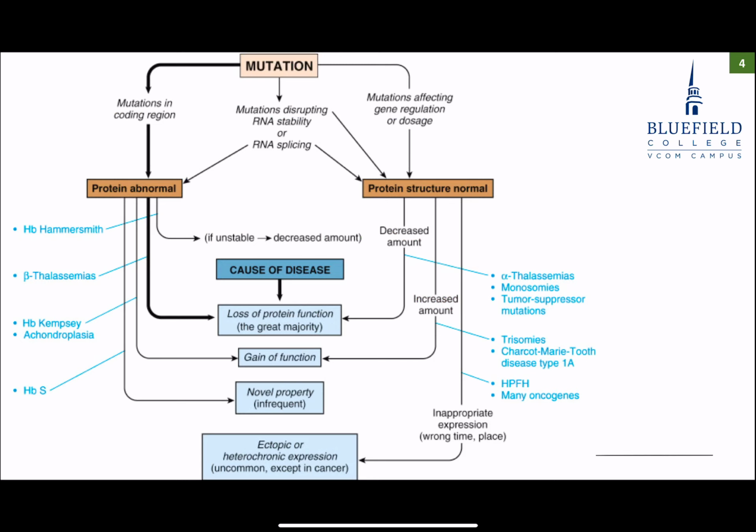And hemoglobin S, associated with sickle cell anemia, is a good example of it. These properties are not really beneficial, but they can be, even in the case of HbS, even though it is a disease.